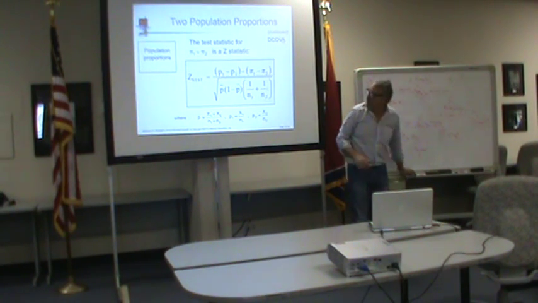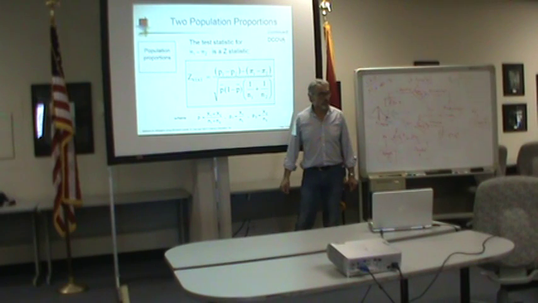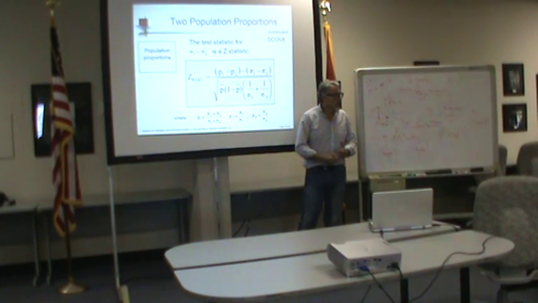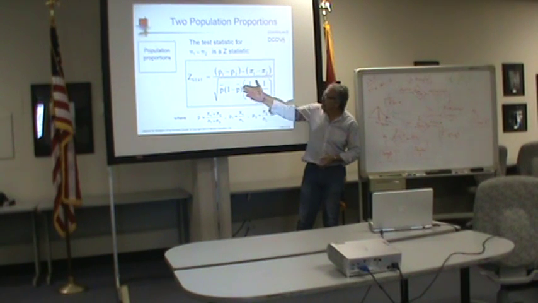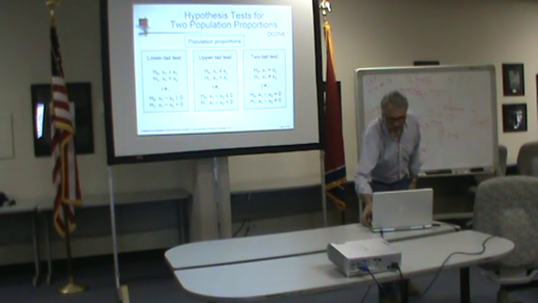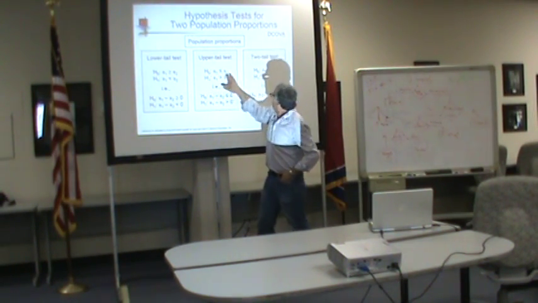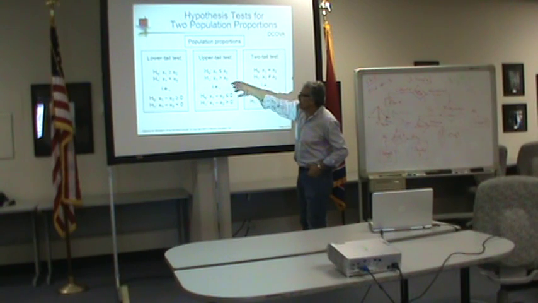So again, here we are, we're back in the proportion world. We're using a z-stat, and we're going to compare it to a critical value from the z distribution, the normal. Everything else is going to be the same. We have the same sort of null hypotheses, either they're equal or they're less than or equal.